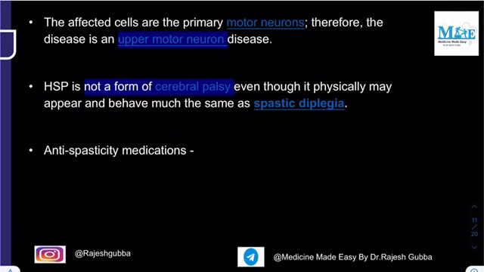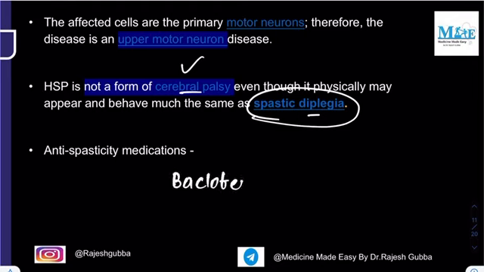These patients will have features similar to cerebral palsy, that is, spastic diplegia. In these individuals, you need to give anti-spasticity medications, which include baclofen and another important drug, tizanidine. These are the two drugs which will reduce the spasticity in patients with familial spastic paraplegia.